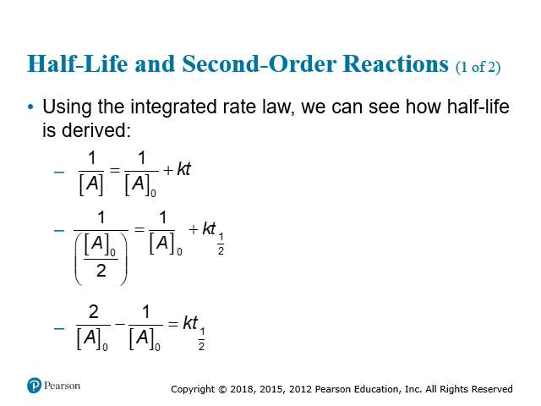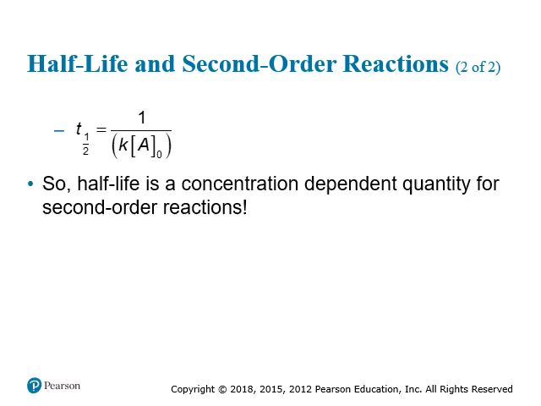Using the following integrated rate law, we use the mathematics to determine exactly what the value of t sub 1/2 ultimately will be. And at the end of the day, stick with me folks, we see that t sub 1/2 is related to the initial concentration of our species as well as the rate constant.